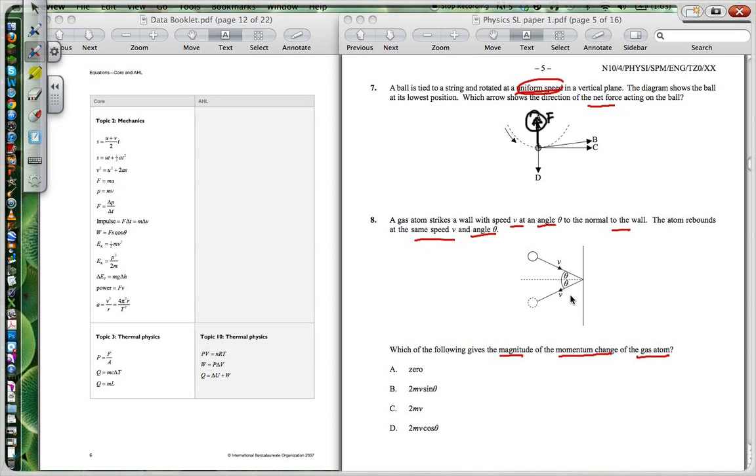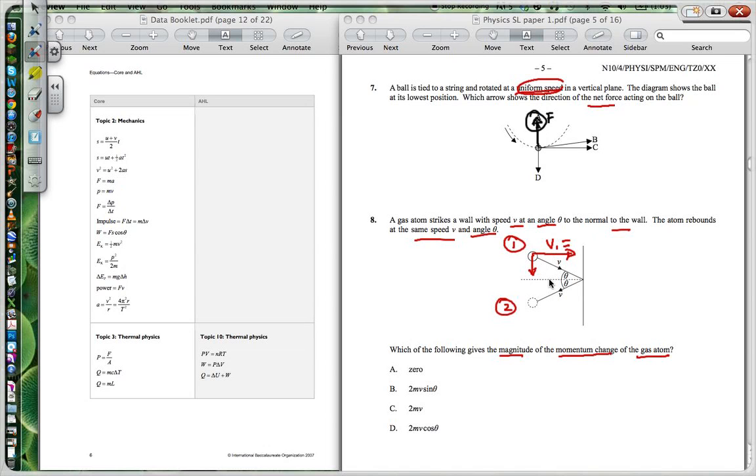Now we're going to need to split this up into two components. We're going to have our horizontal component, we're going to have that one there as it goes, and our vertical component. So let's have a look. This is before, and let's have a look at this as after. So your V in this direction, your V horizontal in that direction, V1 I'm going to call it.